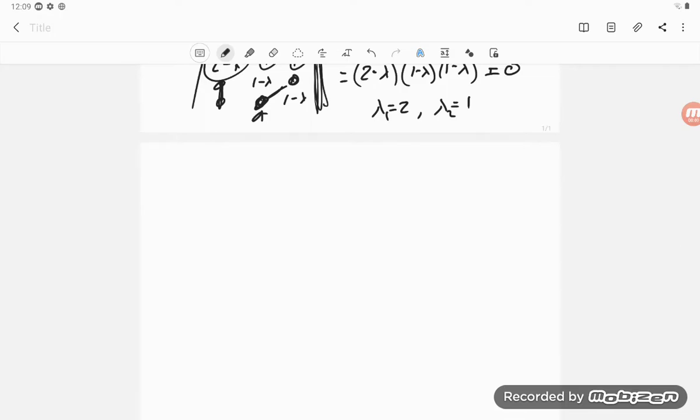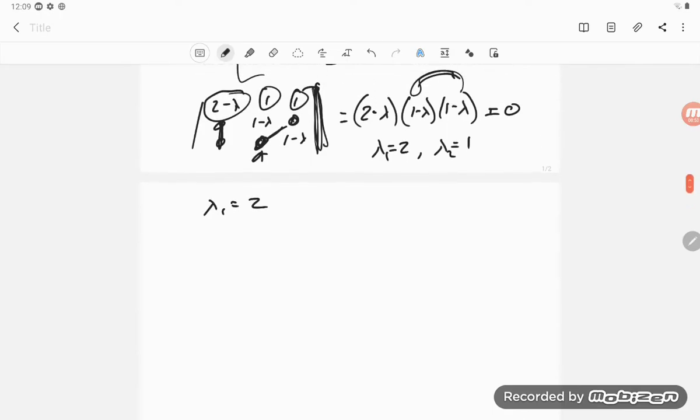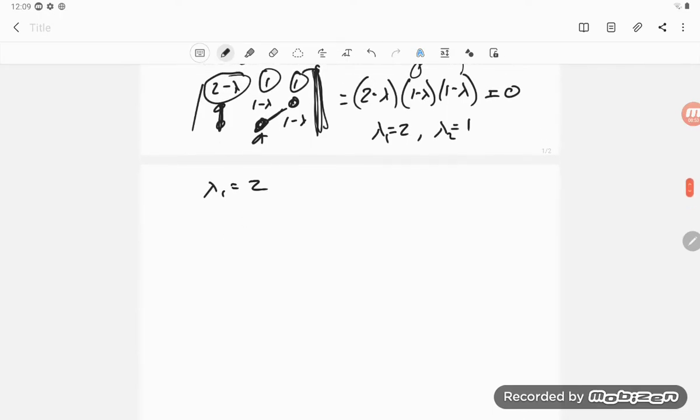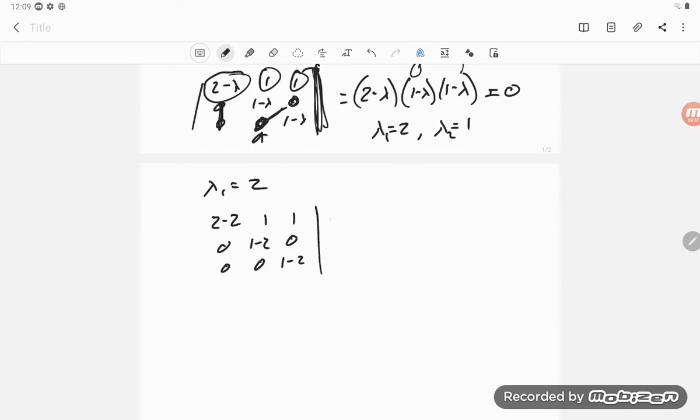So now, if I do my lambda 1 equals 2, then I will get this augmented matrix. I'll have 2 minus 2, 1, 1, 0, 1 minus 2, 0, 0, 0, 1 minus 2, augmented with 0, 0, 0.